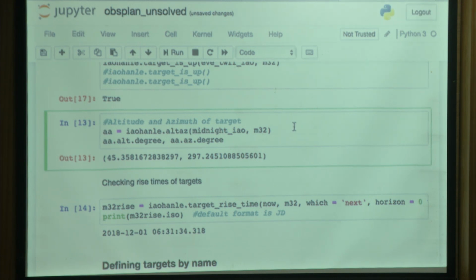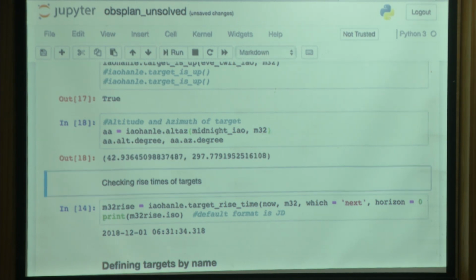Of course, these are functions of time. So you can use this altaz function, and the arguments will be a time, which in this case I have given as midnight, and a target. So you give a time and a target name, and you get the altitude and the azimuth. So here the altaz of M32 at midnight is 42 degrees elevation and an azimuth of around 300 degrees.